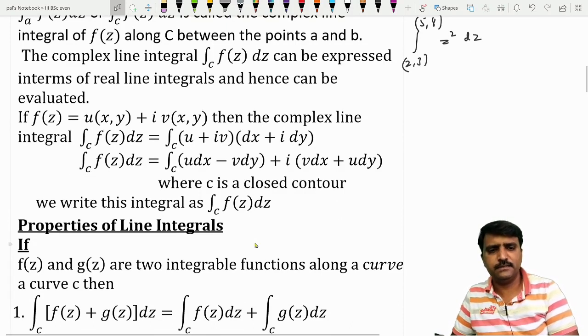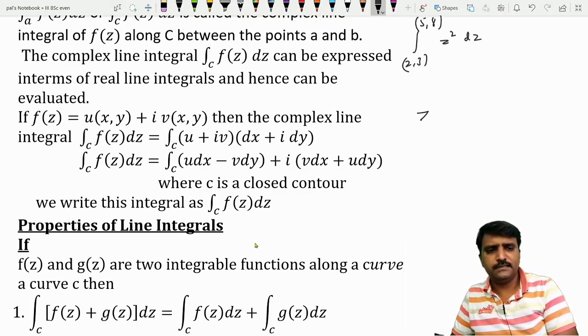This is because z can be written as x plus iy, where x and y are real numbers. So any number z can be written like this: z is equal to x plus iy. Then its differentiation dz is equal to dx plus i dy. Similarly, f of z is equal to u plus iv.